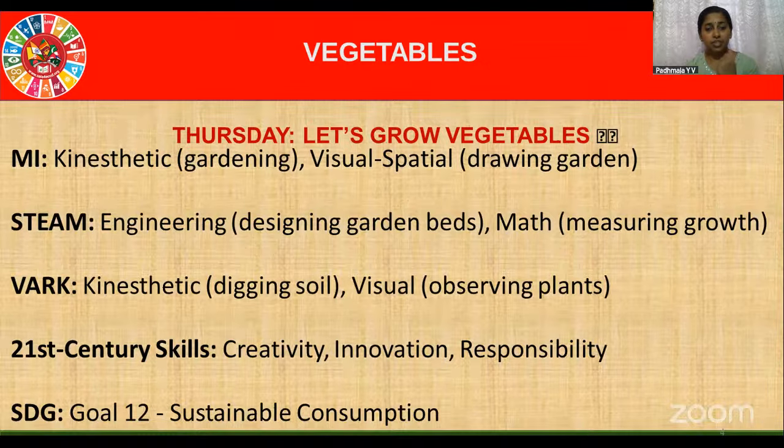Then STEAM education, engineering, they are designing their garden beds. As earlier we have told, we can make a different design. The same activity can be done here also. Then math activity, kinesthetic. While we have to plant a tree, we will have to dig the soil. Visual is observing the plants.